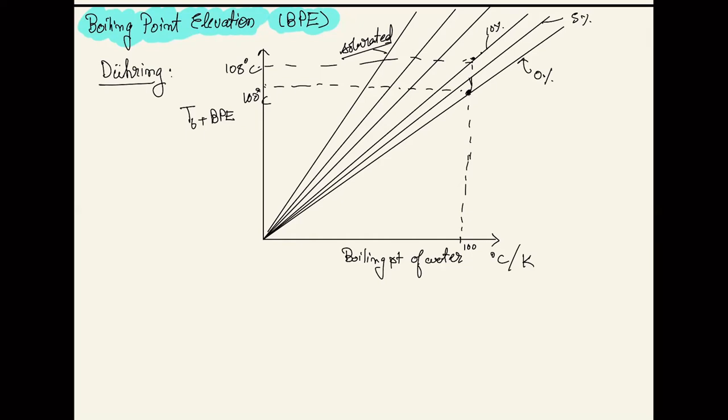So now let's do a short numerical, understanding how we design an evaporator. All right. So it's a problem.